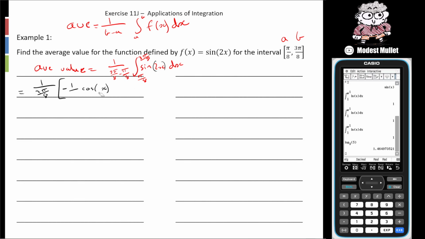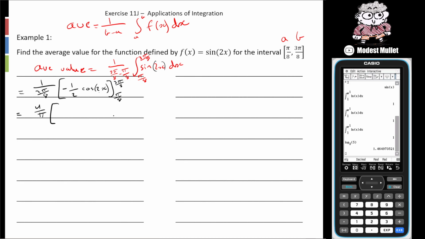So we can make this 1 on 2, cos 2x, and again we're between pi on 8 and 3 pi on 8. So 1 on 2 pi on 8, remembering dividing by fractions is the same as multiplying by the reciprocal. That would just be equal to 4 on pi. So this just turns into 4 on pi at the front.